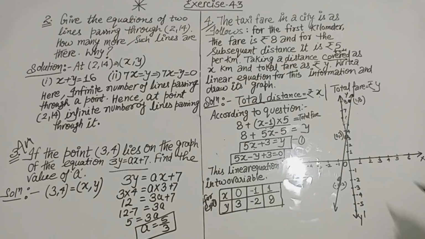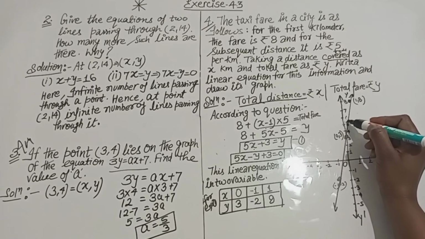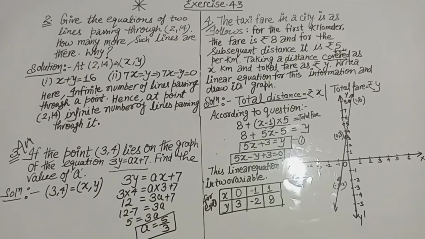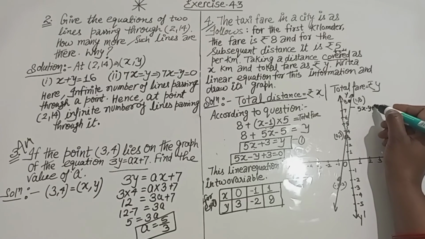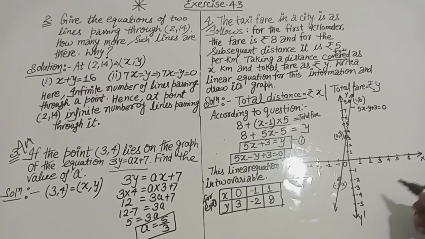This is our linear equation in two variables, 5x minus y plus 3 is equal to 0, and this is our graph.